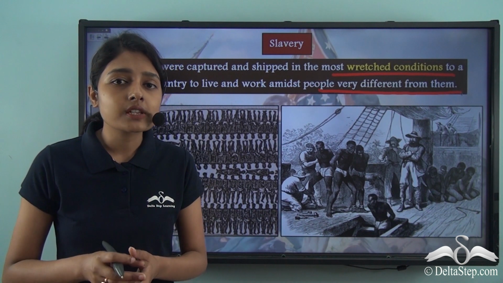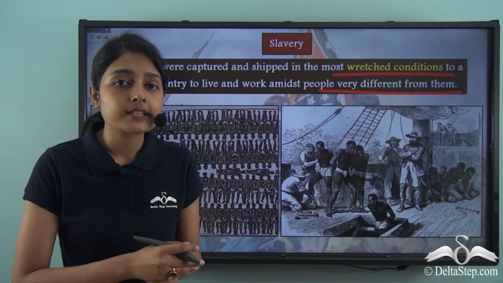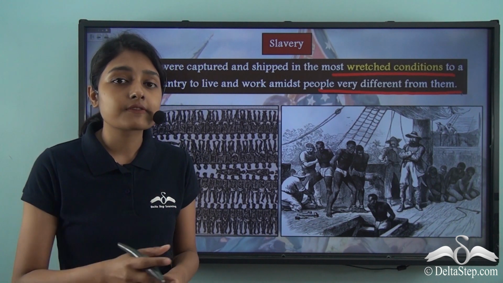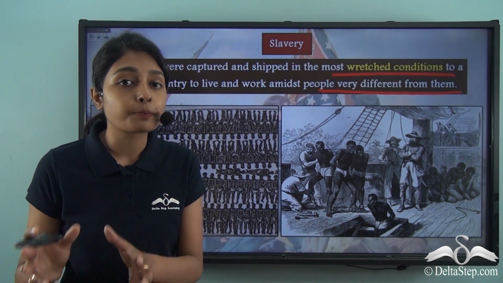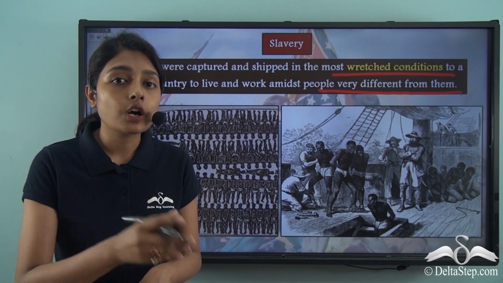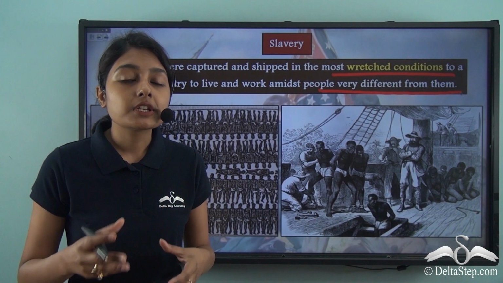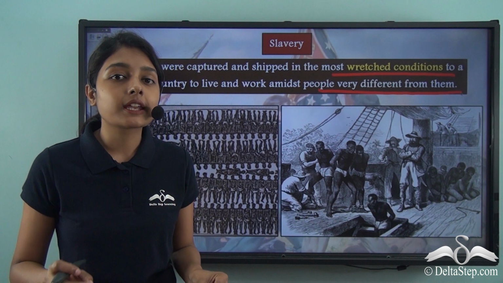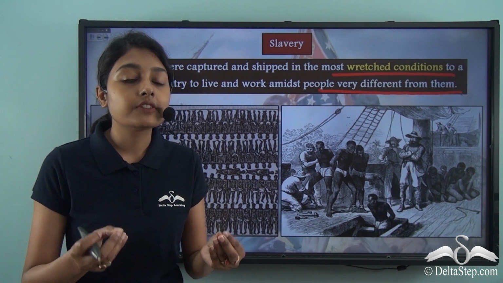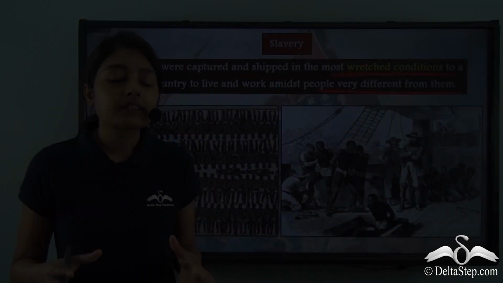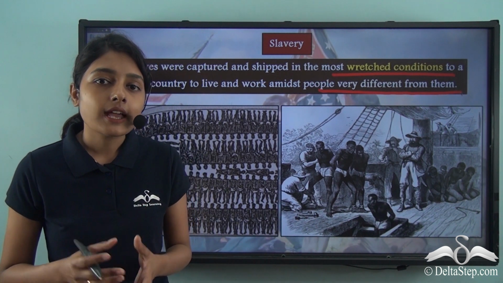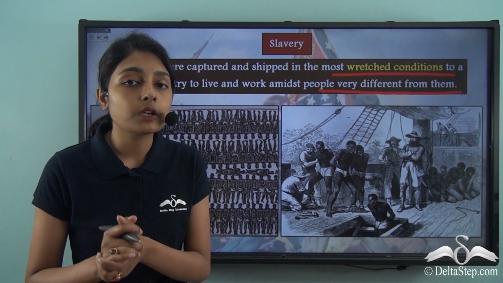Now, it will be erroneous to say that they had different ways of living, because the slaves were not let to live as proper human beings in the colonies. They were treated like commodities. They did not get any kind of healthy living conditions for their sustenance. This transatlantic slave trade has been horrible in ways more than one.